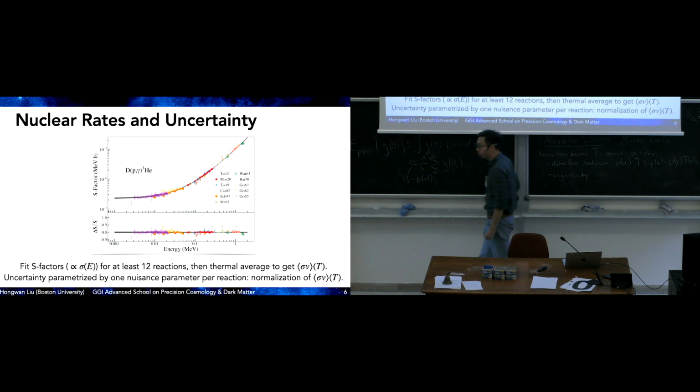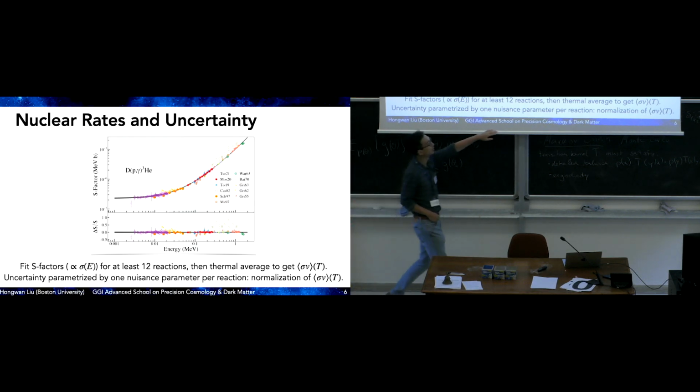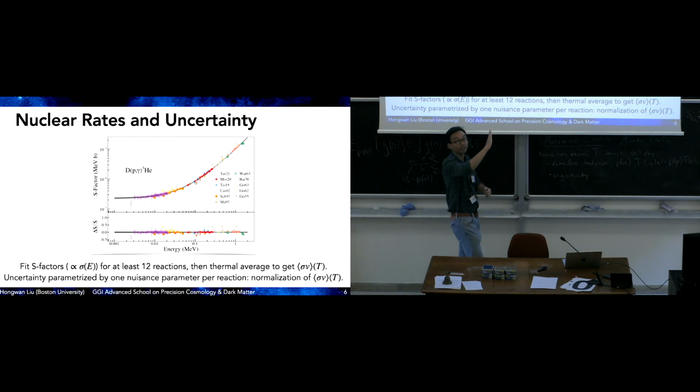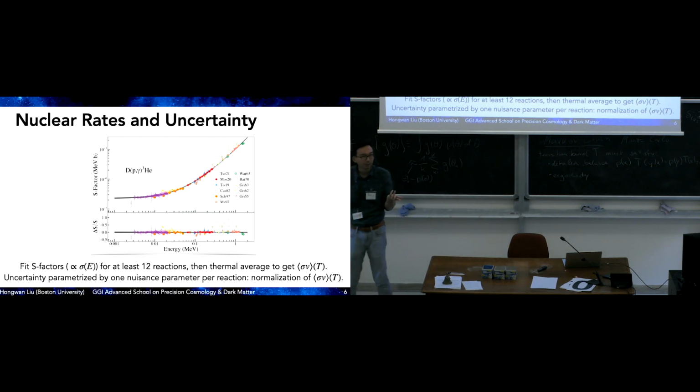Usually the way people do it is they have one parameter per reaction, a nuisance parameter that just adjusts the normalization of sigma v of T. So after you do the fitting and the thermal average, you get some curve as a function of temperature, and then you have one nuisance parameter that allows you to rescale the whole thing up or down. You can see that that's not really the right way to do it, but that's pretty much how we do it currently.